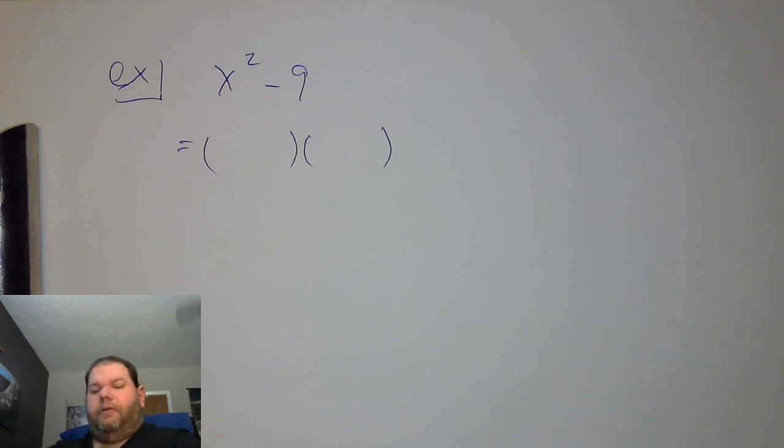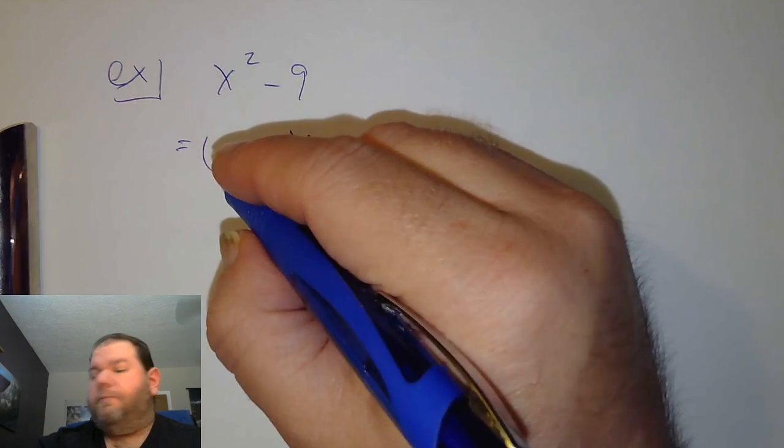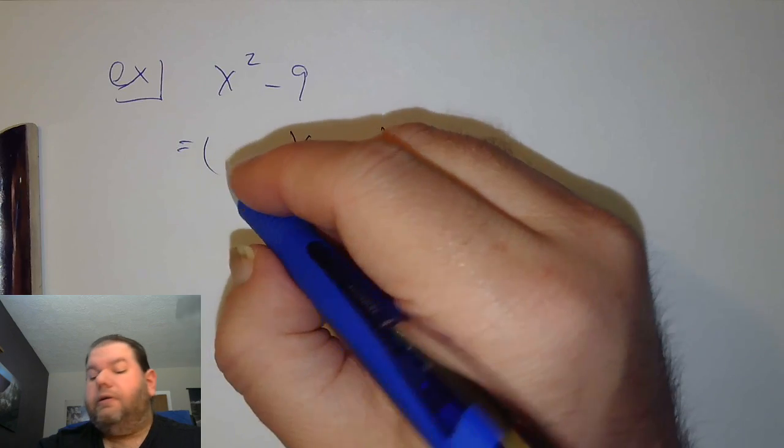Yeah, right. We know the factors are going to be negative 3 and 3, so we can get x minus 3 and x plus 3. Good.